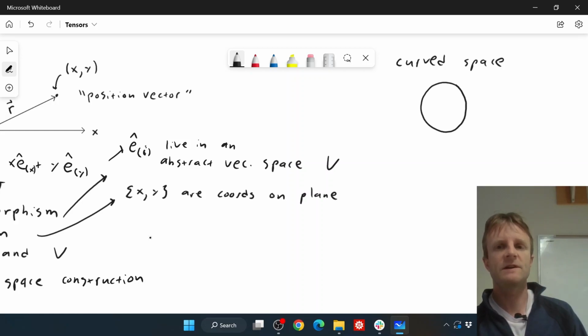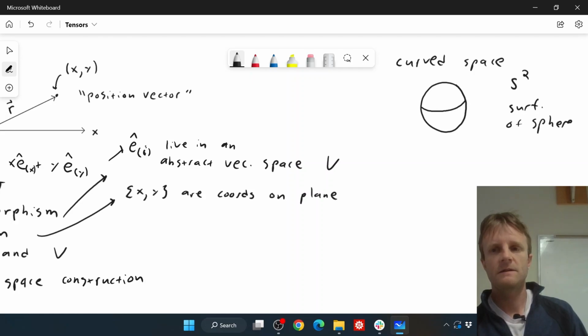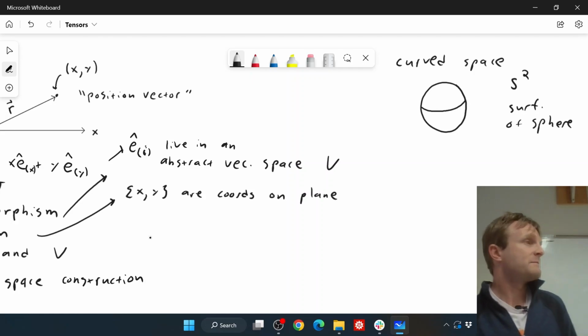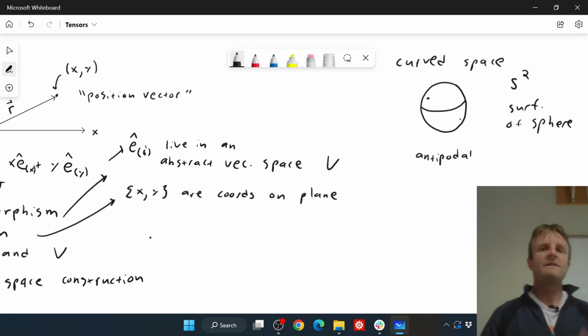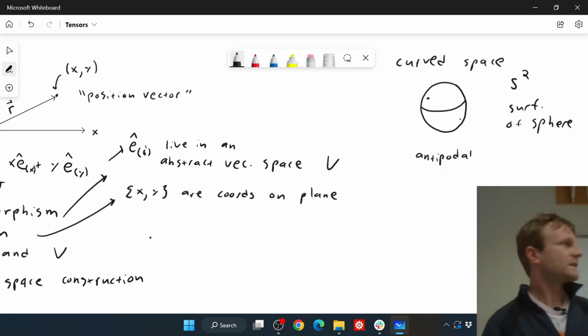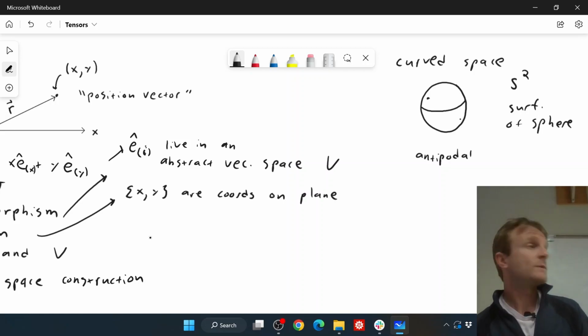So the surface of a sphere, S2. And now we just don't have a position vector. Like, to give an extreme example, suppose I took two antipodal points, like this one and this one on the other side. I'm not going to make it the North and the South Pole, because then you'll get confused with coordinate intuition and so forth. So just two antipodal points on the sphere.